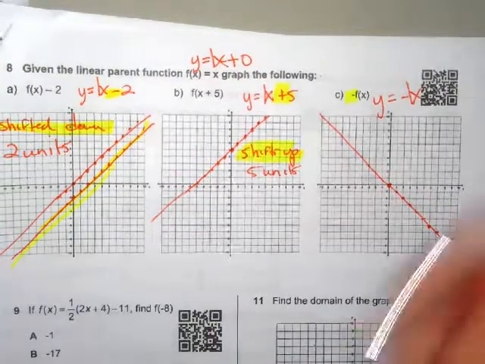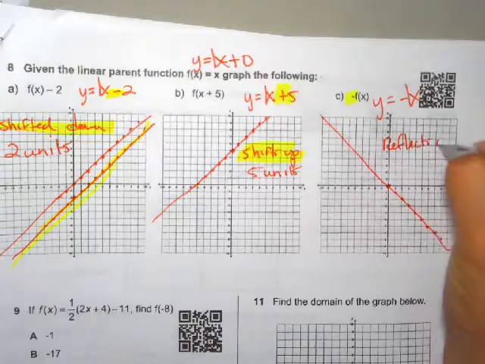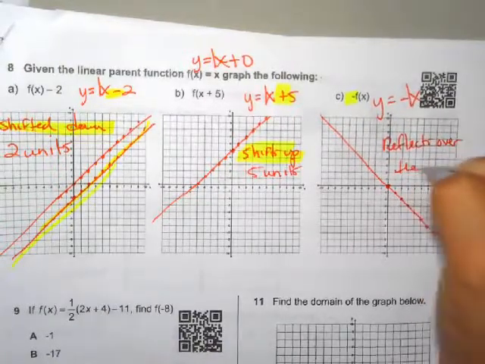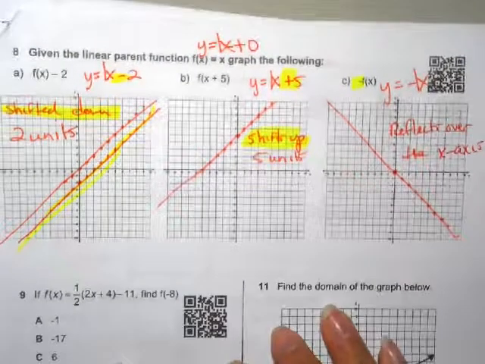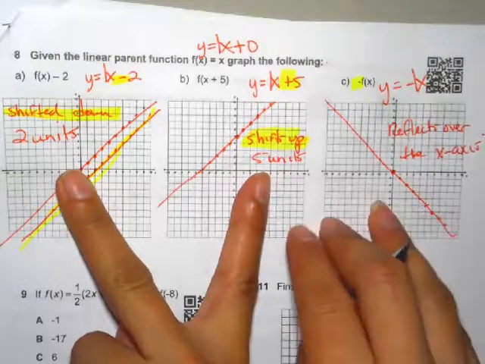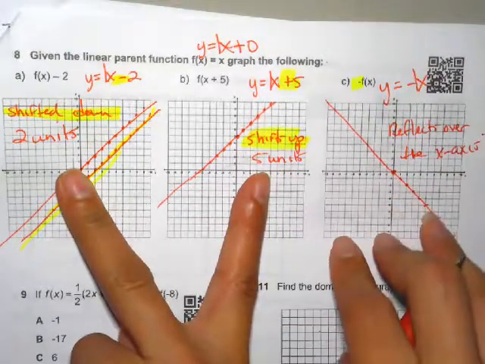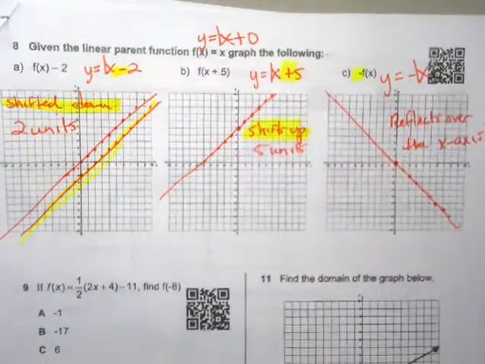So this is called a reflection. Please copy it. This reflects over the x-axis. For sure, guys, one of these two is going to be on the test. This one, not yet. It will be on the next one or on next week's assignment.